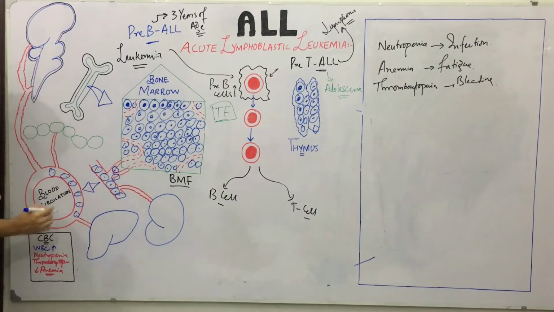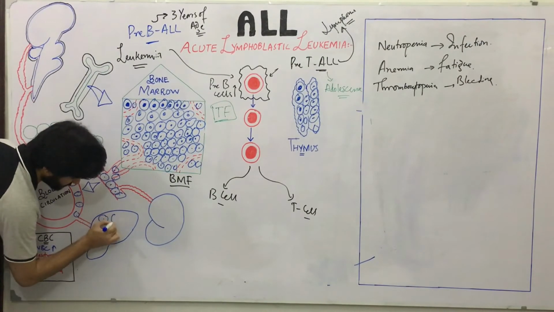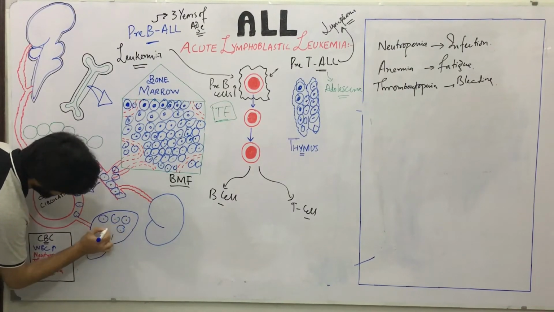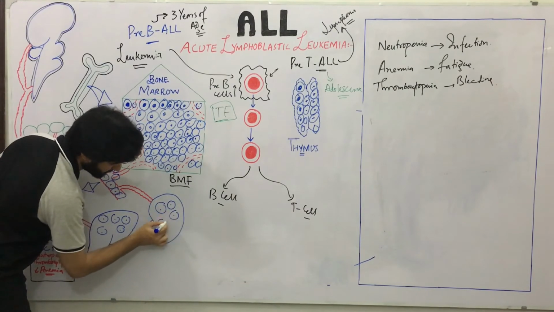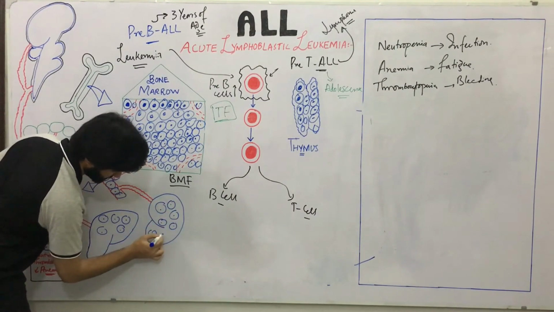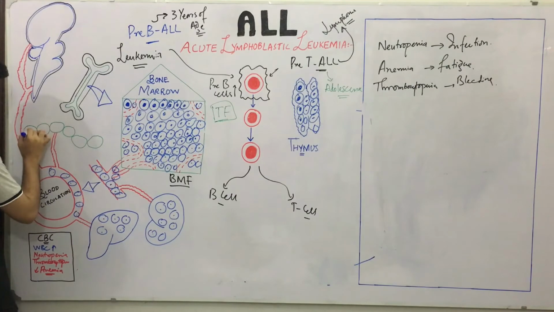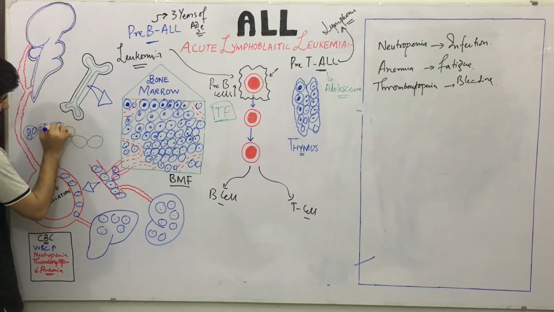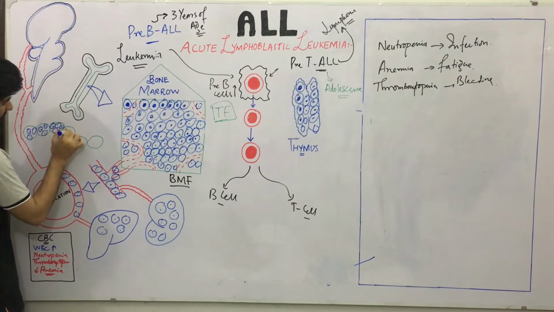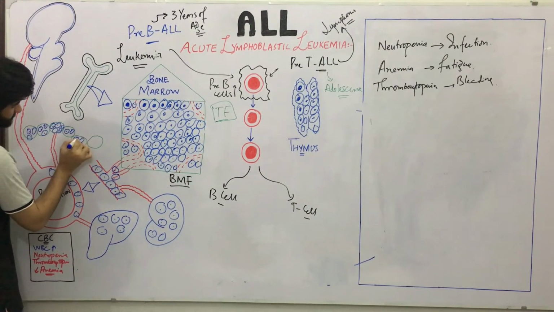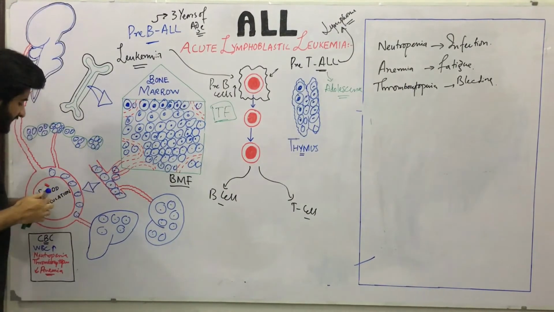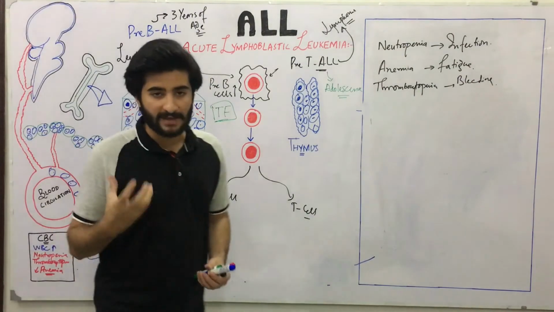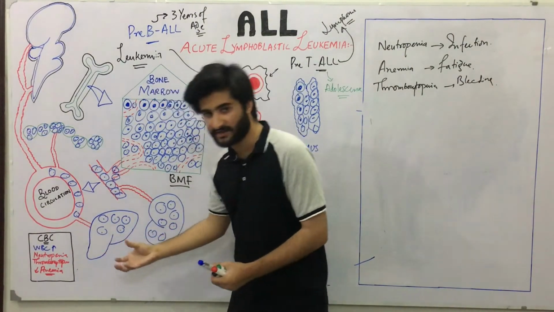they will also travel towards our liver. They will also travel towards the spleen, and they will also travel towards the lymph nodes. So as these immature, these neoplastic cells travel towards the liver, they settle there.